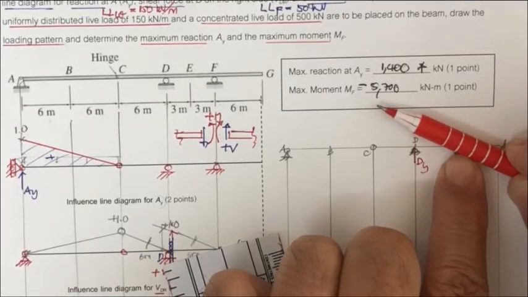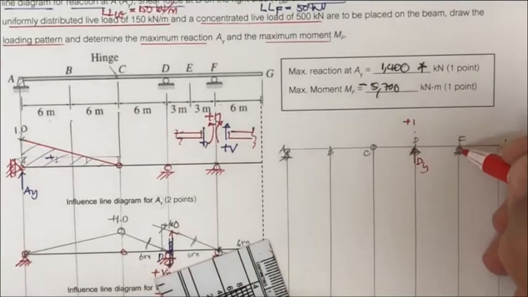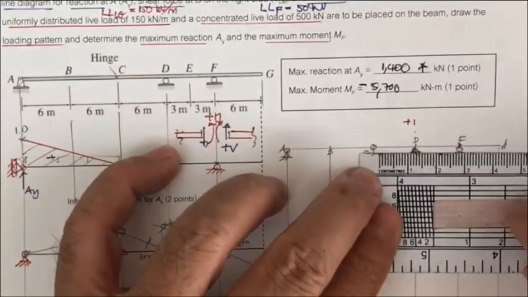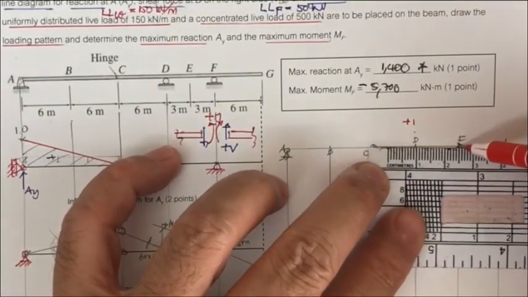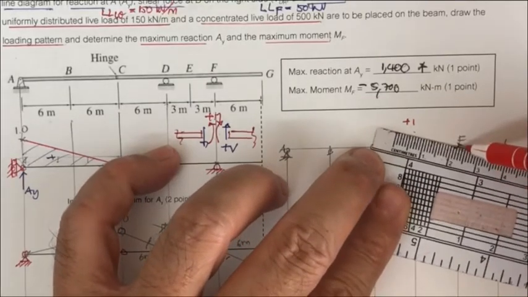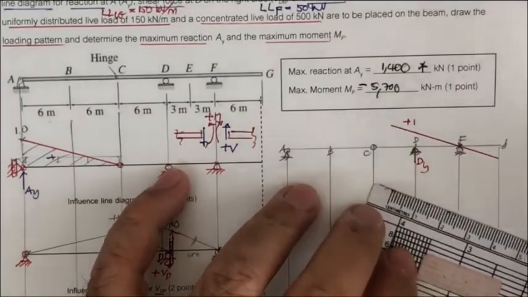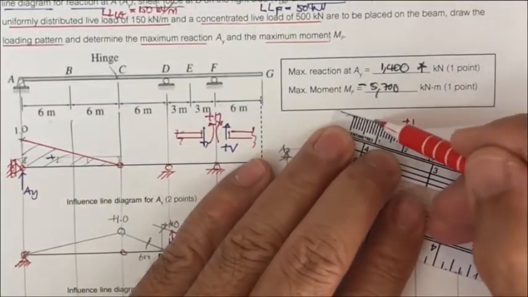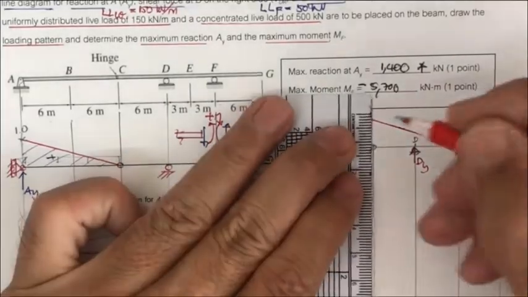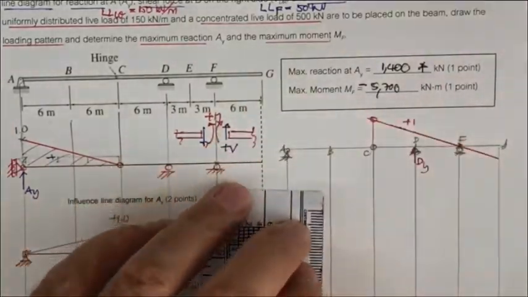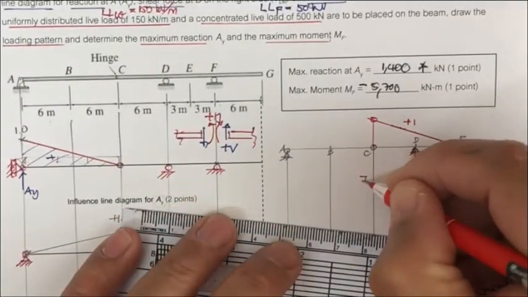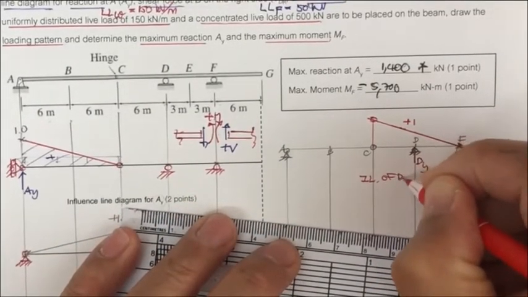By rigid body movement or rigid beam movement, you will get the shape of this portion like this. And then you have this one as a rotating point, and then you push it up, push up, push up. It's going to be like this. And then you draw the shape of this, and this one is up to this point, and you have this. Okay, this is going to be the influence line of D sub y.